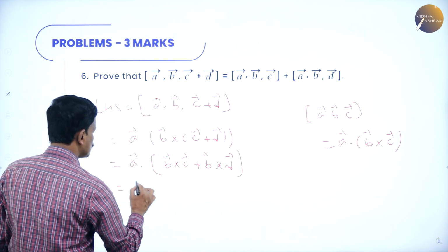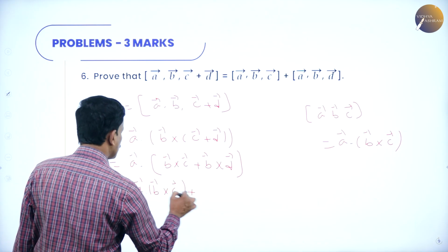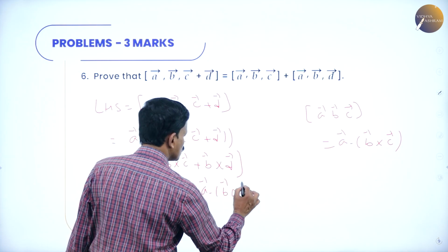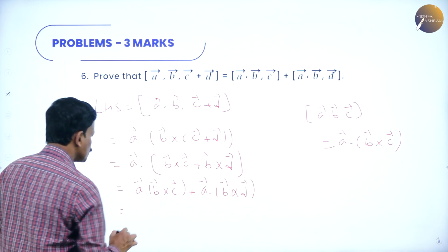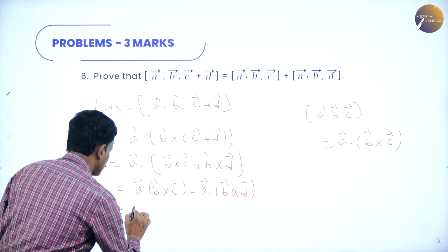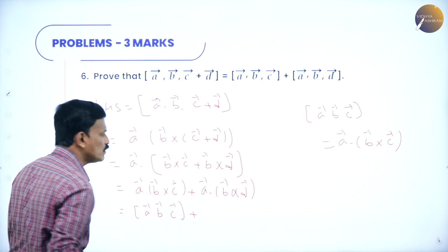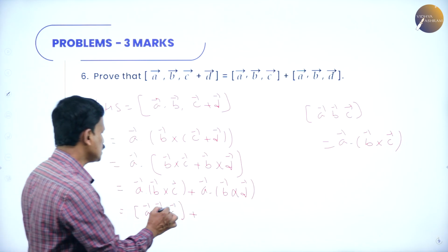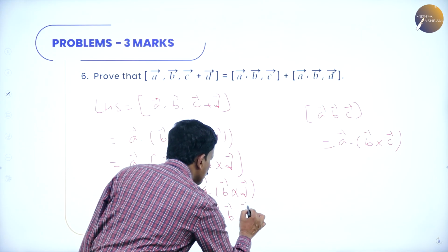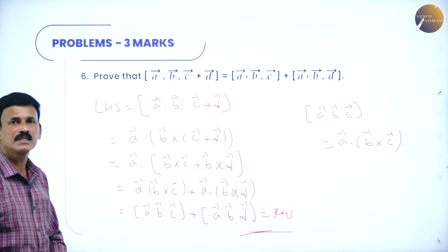This can be written as A dot B cross C vector plus A dot B cross D vector. Now what is this equal to? So A dot B cross C is nothing but the box product of the vector A, B, C. Plus similarly, A dot B cross D is nothing but the box product of the vector A, B and vector D. This is the required RHS. That's it. Very simple. Okay.